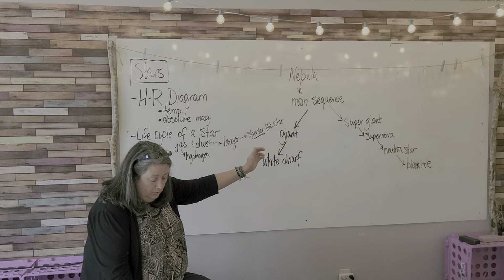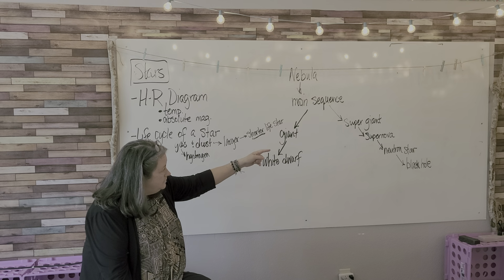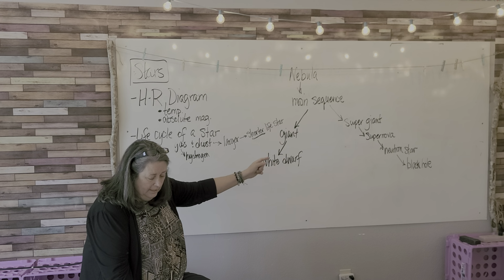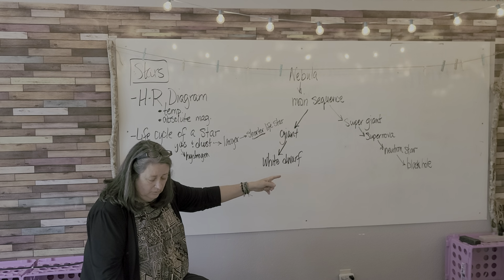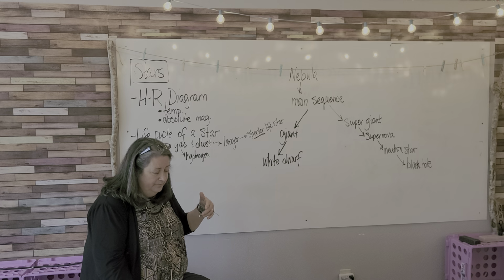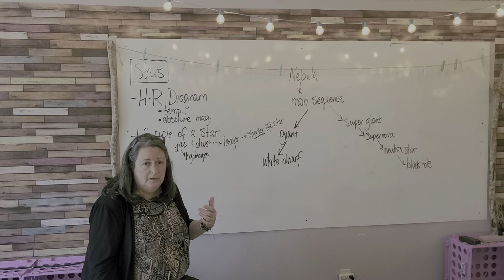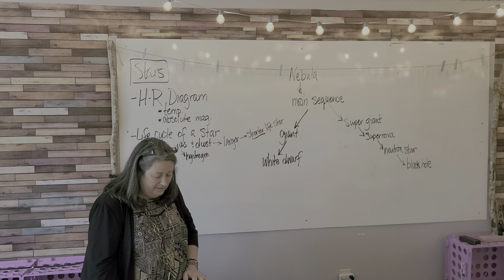Then the core in the supernova collapses, which forms a neutron star. And then from a neutron star into what is called a black hole. And the gravity is so great within a black hole that not even light can escape it.